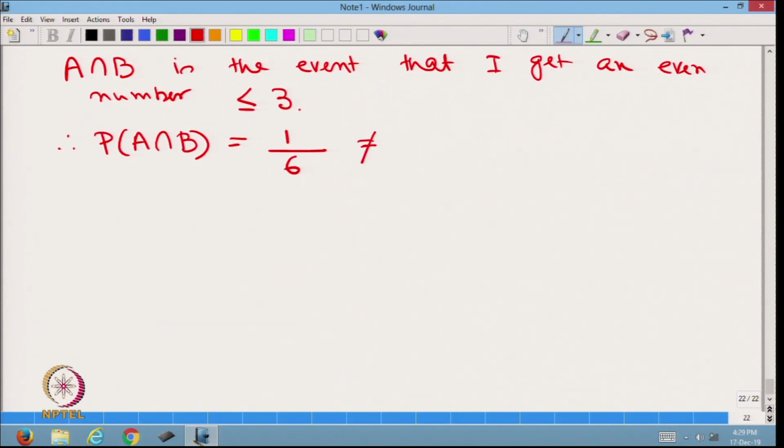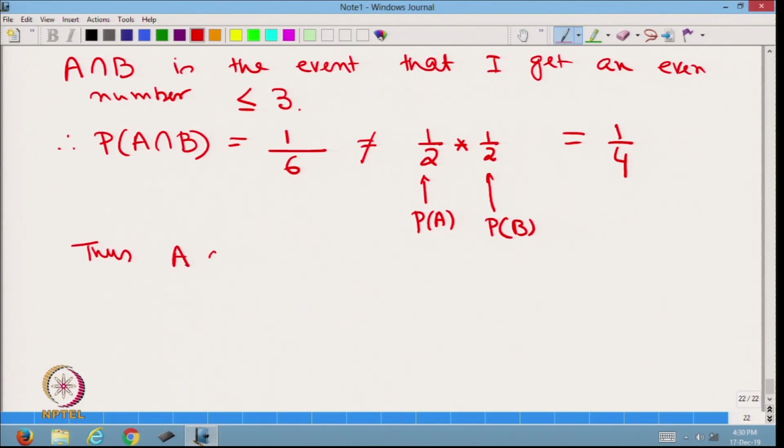Is it the same as the product of the two individual probabilities? No, because the product of these two probabilities is half into half, which is equal to 1/4. Thus, A and B are not independent.